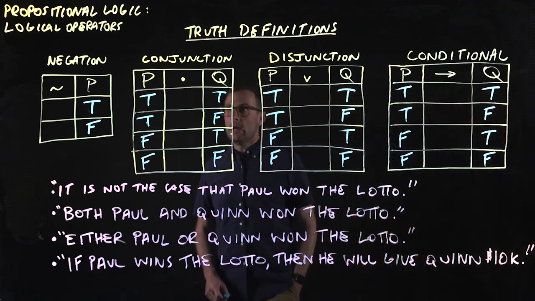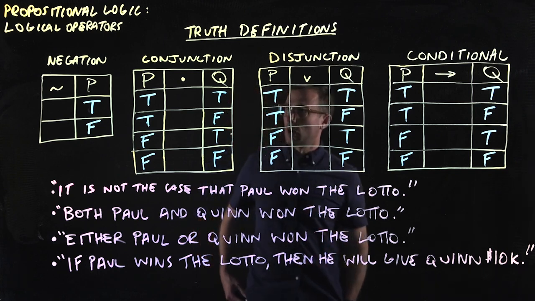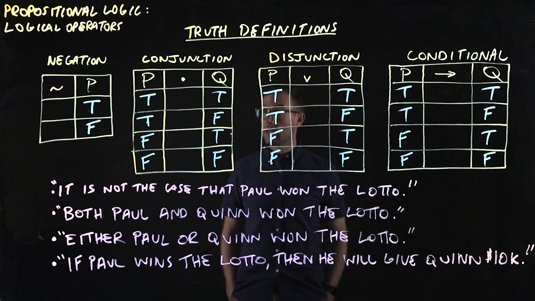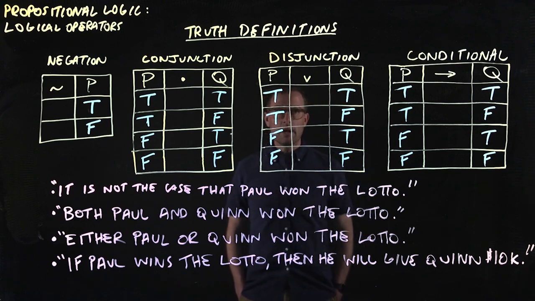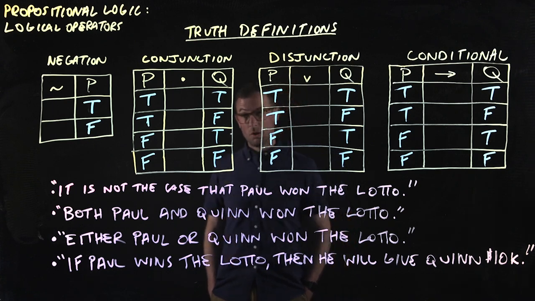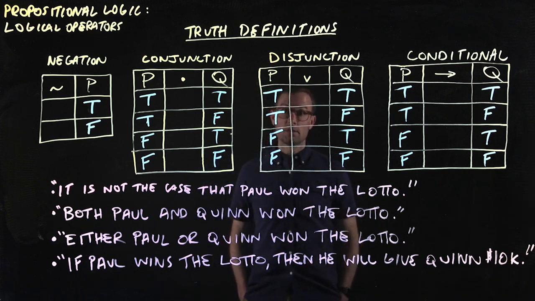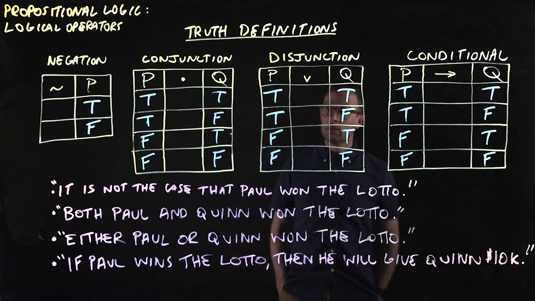Okay, so now that we are acquainted with logical operators and how they can be identified in natural language propositions, we now need to think about how each of the four logical operators behaves according to what we call truth definitions. You can think of them as rules, right?